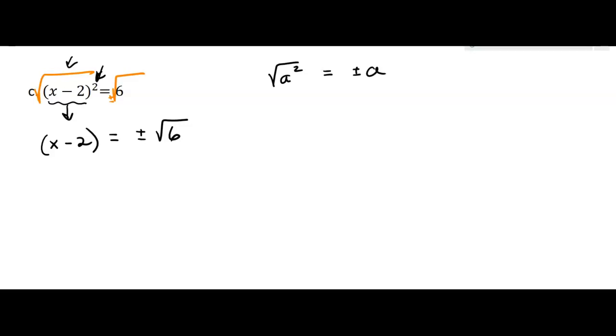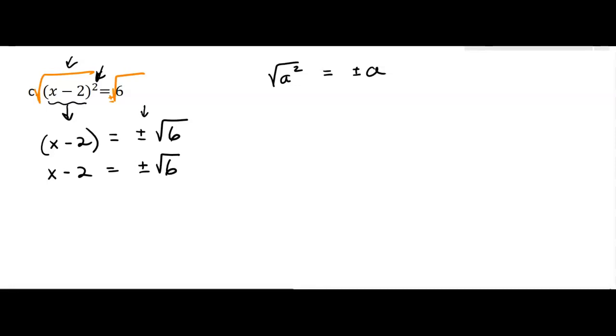I don't know. That's not helping. But that's true. Why do I put the plus or minus on this side? Well, that's where my solutions are going to pop up. I think I've talked too long on this, making it too hard.